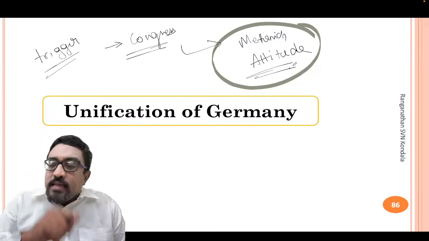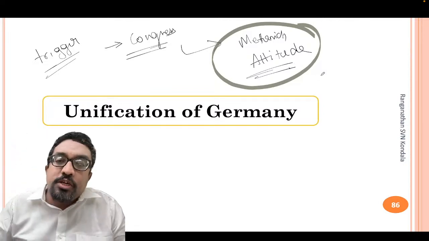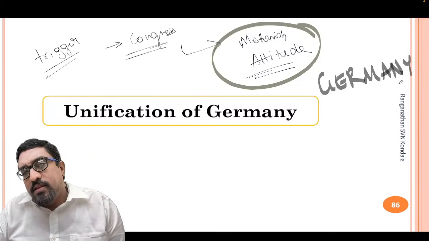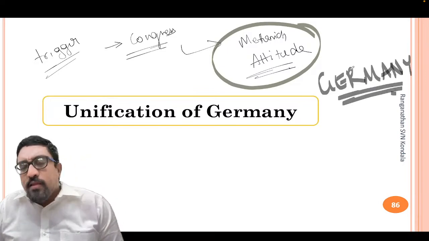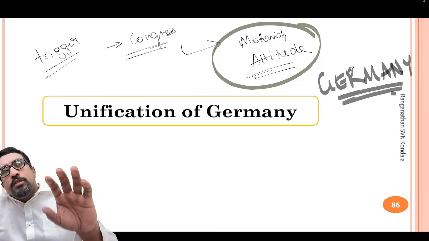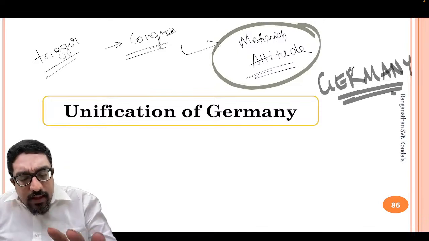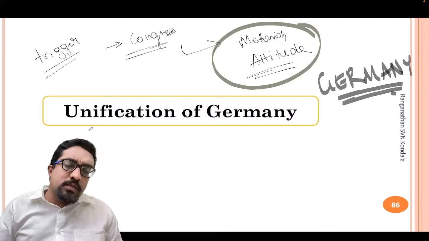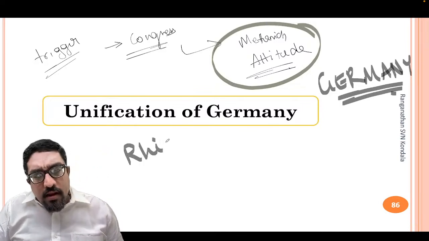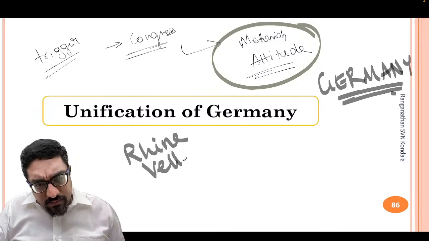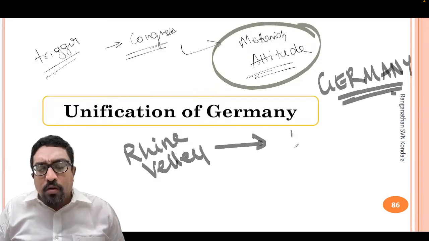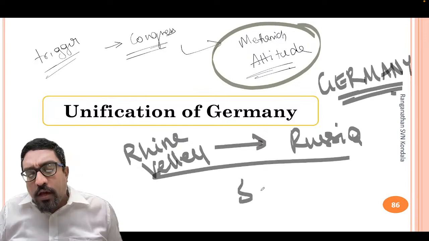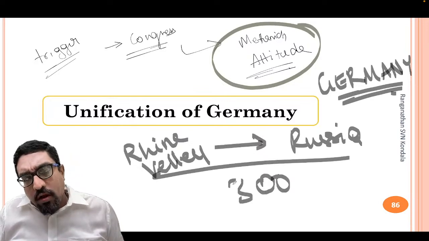See, there is another similar story, that of Germany. Exactly like this, there is another story of Germany. The background of German unification, you need to remember, is exactly the same as the Italian. This region around the Rhine River, the Rhine Valley to the Russian border, used to have 300 small kingdoms.